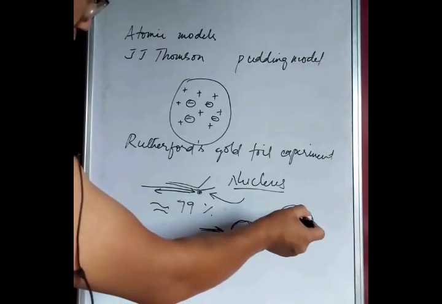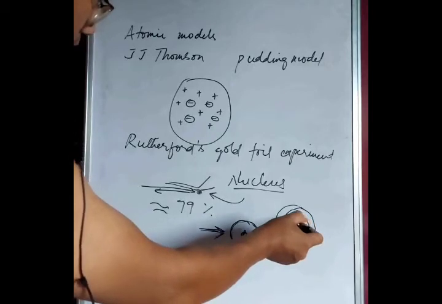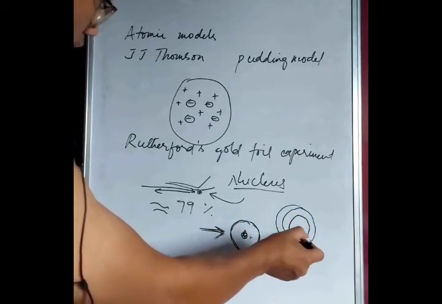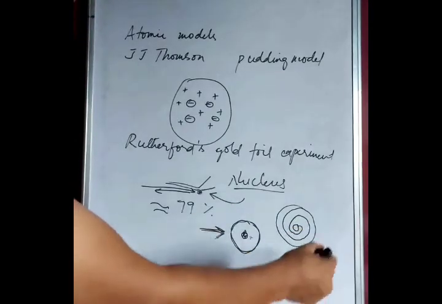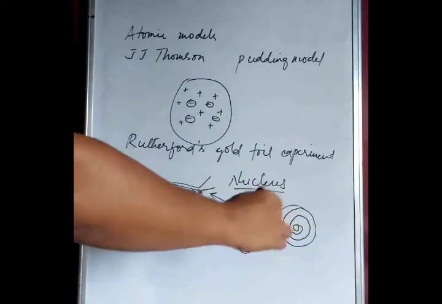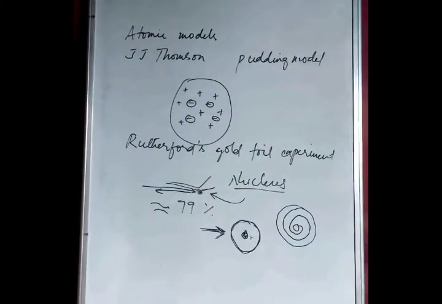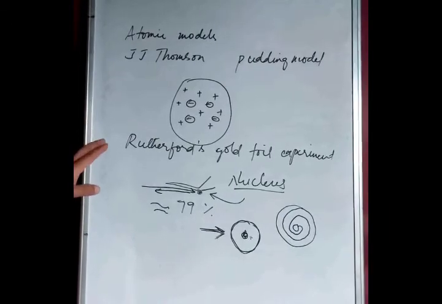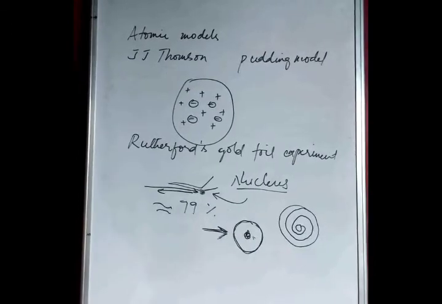Therefore, according to Maxwell, that negatively charged electron will be attracted by the protons in the nucleus. It will spiral, the electrons will go inside the nucleus itself, and that will result in the collapse of the atom. Therefore, that was a major hindrance in establishing the structure of the atom.